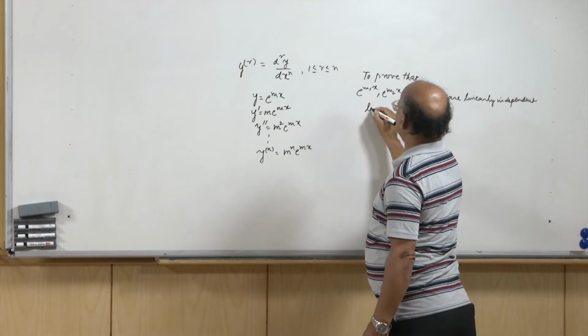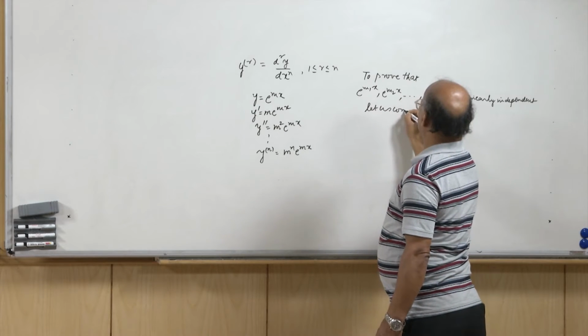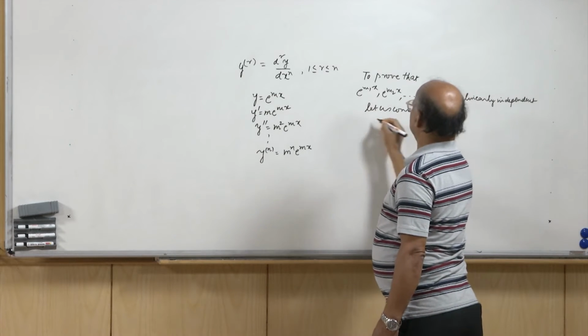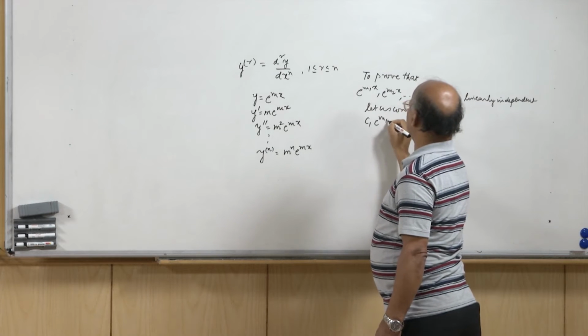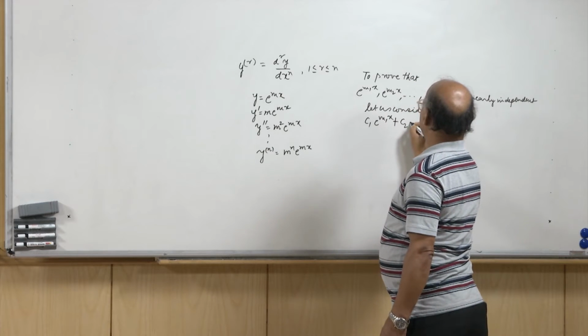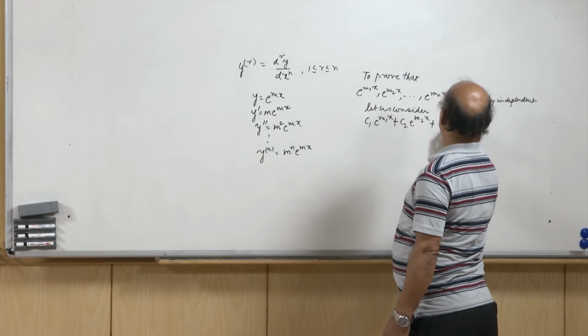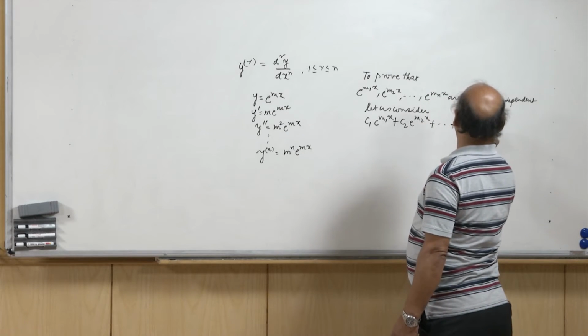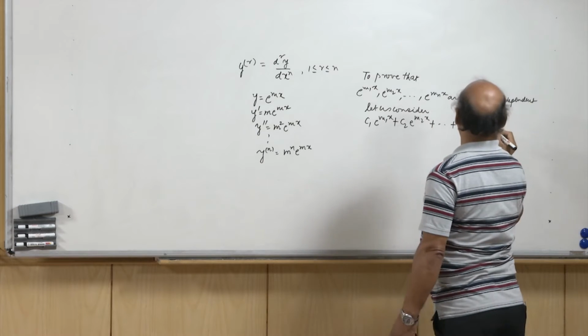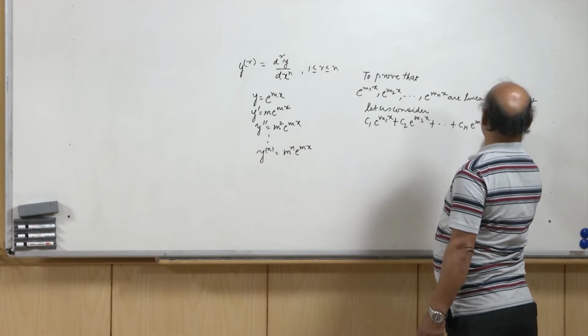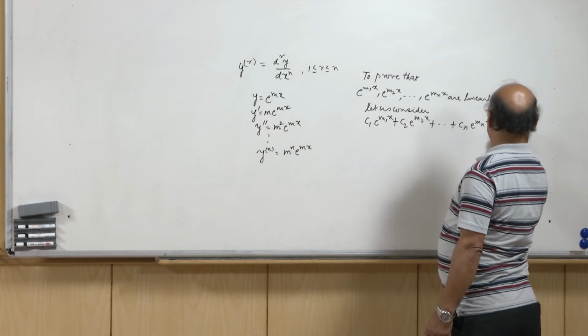let us consider C1 e to the power m1x plus C2 e to the power m2x and so on, plus Cn e to the power mnx equal to 0.